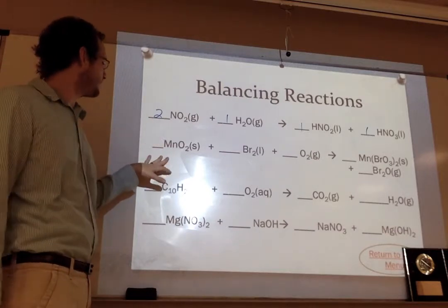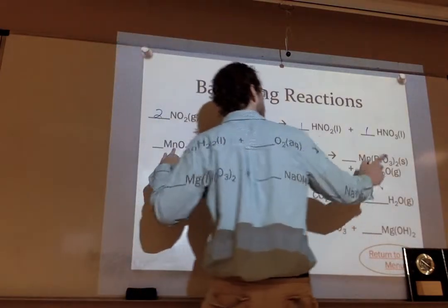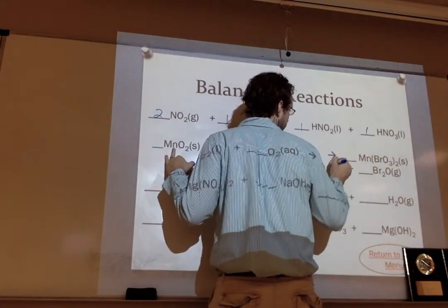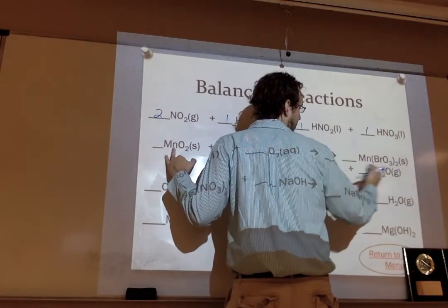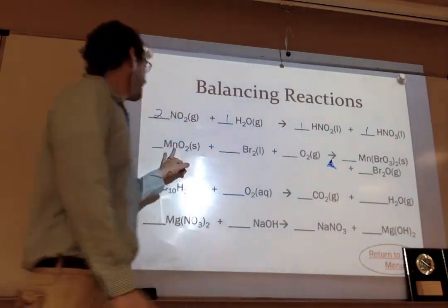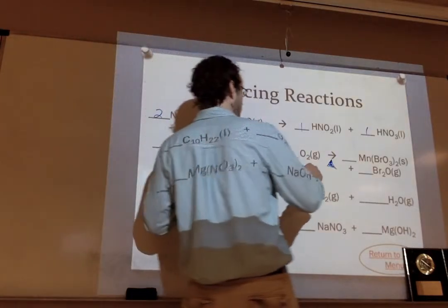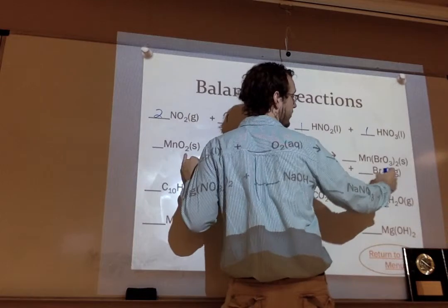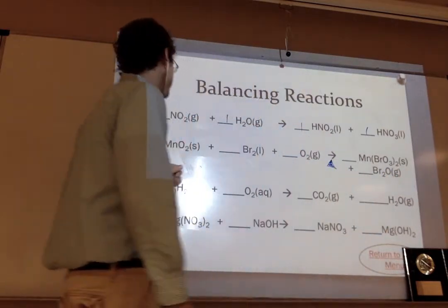Alright, give me an element. What are we going to start with here? Manganese. We got 1 and 1. Always look for your arrow, guys. That's your pivot point. Especially on this one because it kind of ran out of space over here. Apologize for that. How many oxygen? 2, 4. We've got 6, 7.